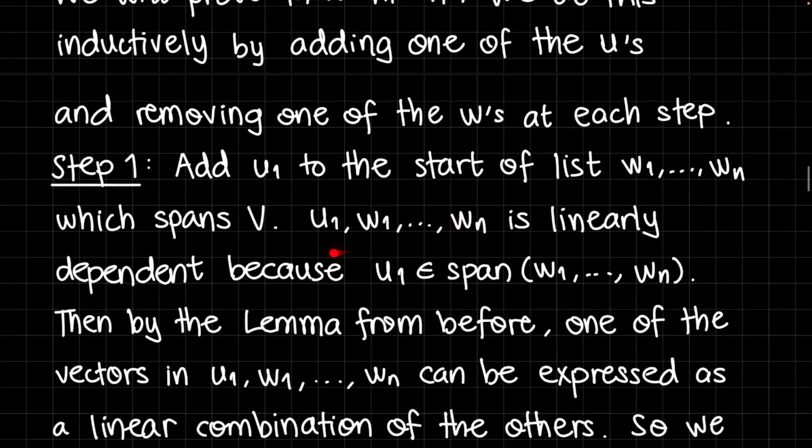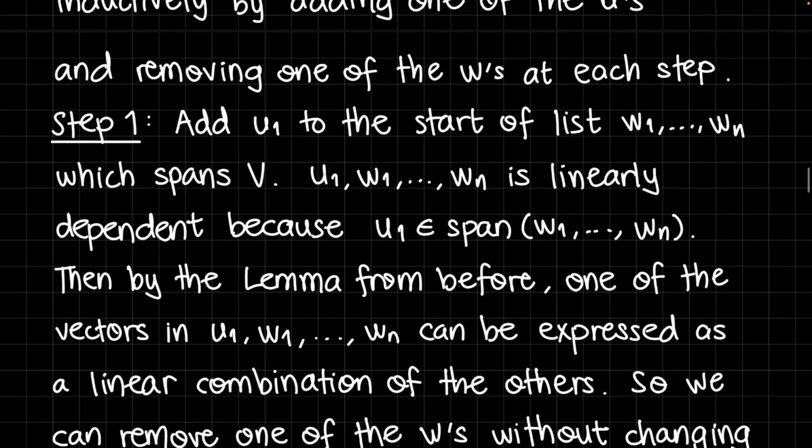Now this list is linearly dependent because w1 through wn is a spanning list and u1 is just an element of V. So u1 naturally belongs to the span of w1 through wn. Therefore, one of the vectors is in the span of the others, or can be expressed as a linear combination of the others. Therefore, this list is linearly dependent.